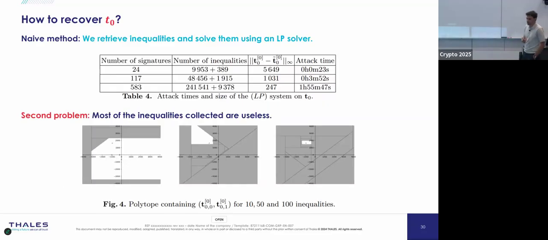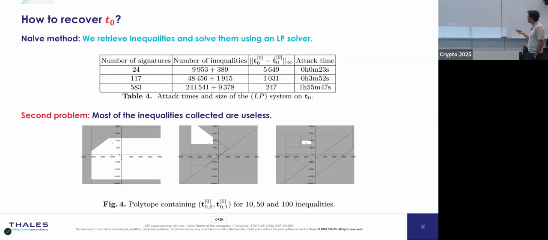The second problem is that most of the inequalities we will collect are completely useless. For example, I show here three toy examples. I suppose that I know all the coefficients of T0 except the first two, and I collect 10, 50, and 100 inequalities. These are the resulting spaces of solutions that I obtain.